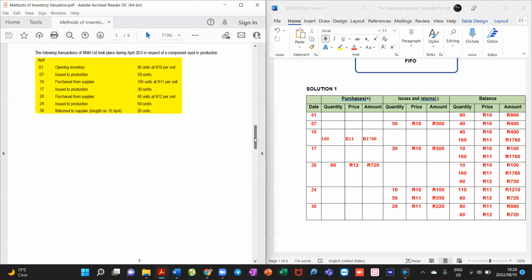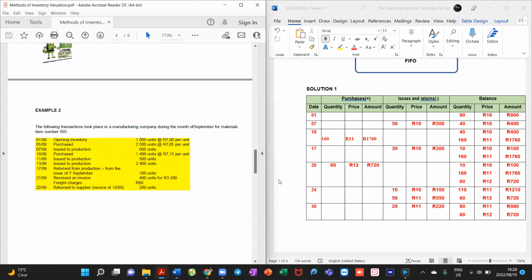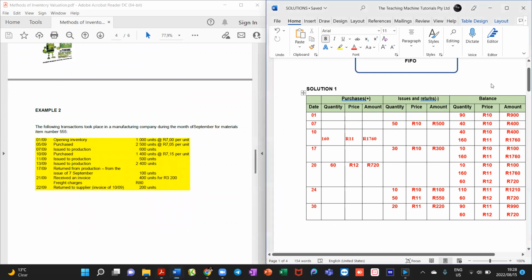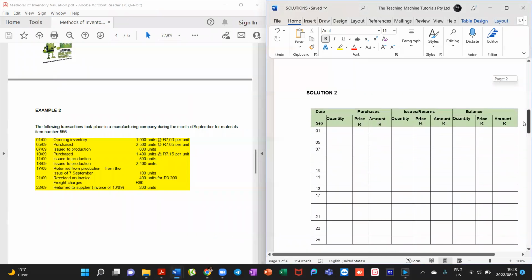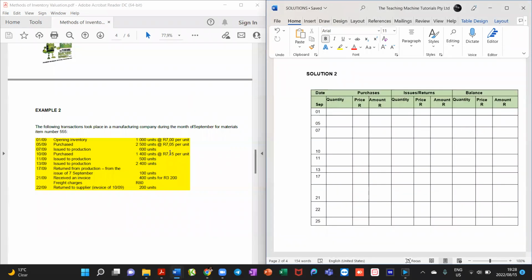Now, let's go to example number 2. This is example number 2 from your study guide, unit 8. It says the opening inventory is 1,000 units at 7 rand per unit. Let me go to balances. 1,000 units. What is the price? It's 7 rands. How much is 1,000 times 7?